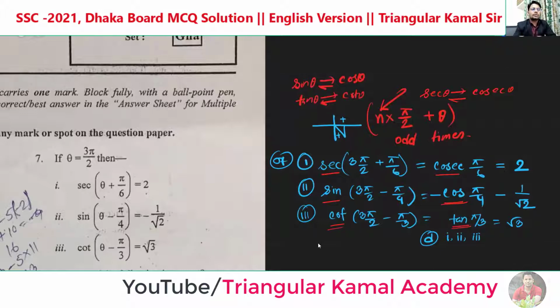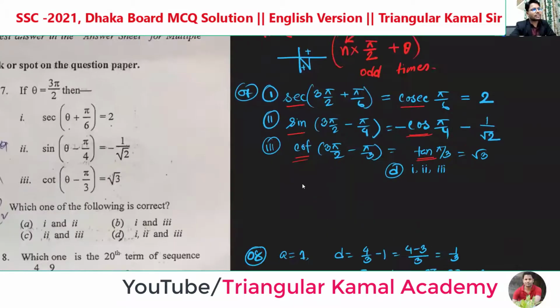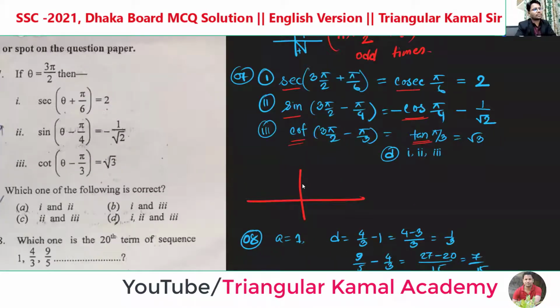So now how can we find the plus or minus? If we draw the quadrants here, 3 pi by 2 plus something means 270 plus something. If we write first 90, second 90, and third 90, then 270 plus something means the next step.